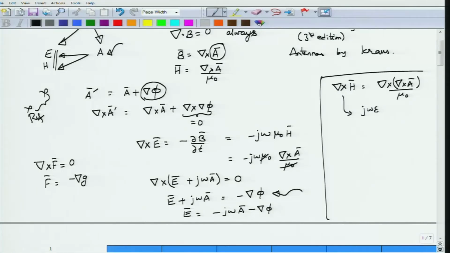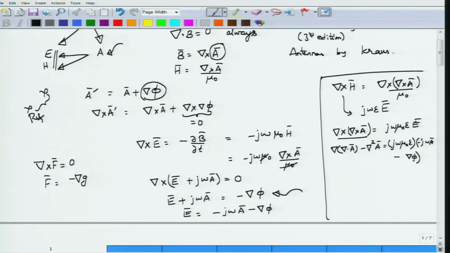I can write this as j omega epsilon E. So, I have del cross A equal to j omega mu 0 epsilon E, and I can substitute for E. E is nothing but minus j omega A minus gradient of phi, but I can also write down this del cross A itself as del of del dot A by expanding it minus del square A. This would be equal to j omega mu 0 epsilon times minus j omega A minus gradient of phi.